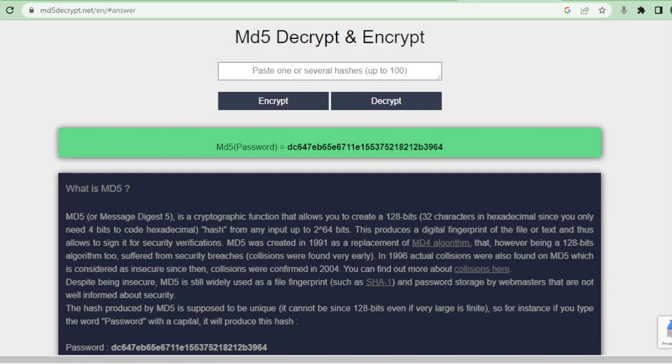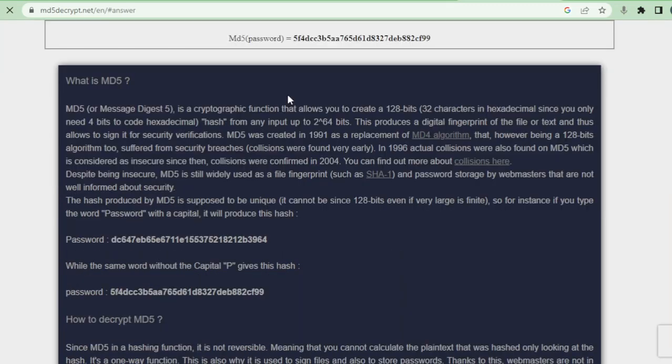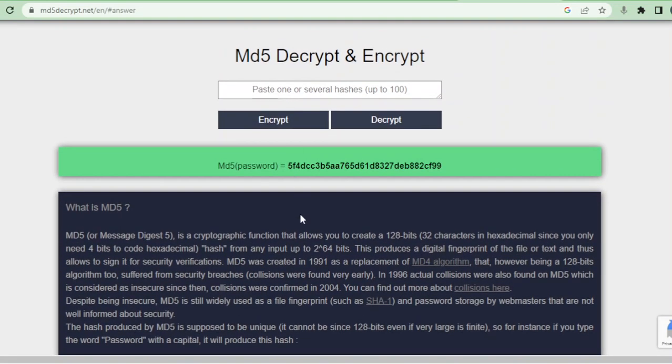As you can see, the password is now hashed into MD5, while the same word without the capital P gives this hash. See, these two hashes are different.